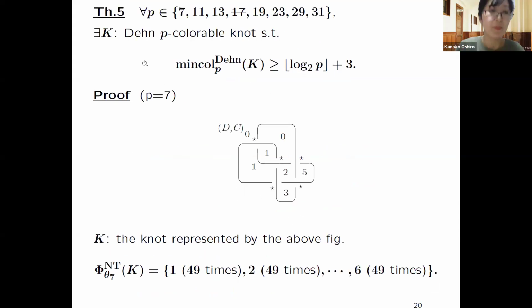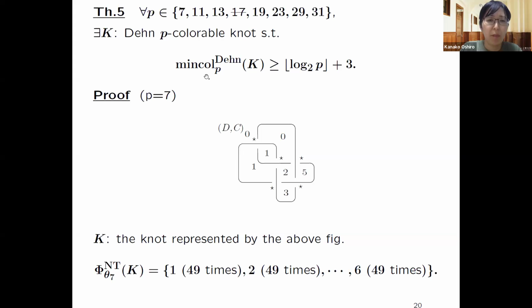So next, let's see theorem 5. Theorem 5 is for any prime number P greater than 5 or less than 2 to the 5th power, except for 17, there exists a Dehn P-colorable knot K satisfying this condition.